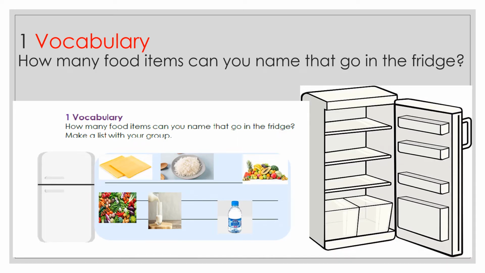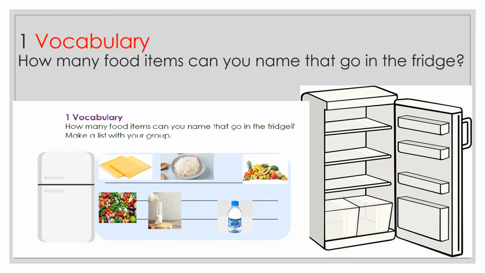Now, in our first activity, vocabulary. How many food items can you name that go in the fridge? I know that my students now have learned a lot of vocabulary related to food.